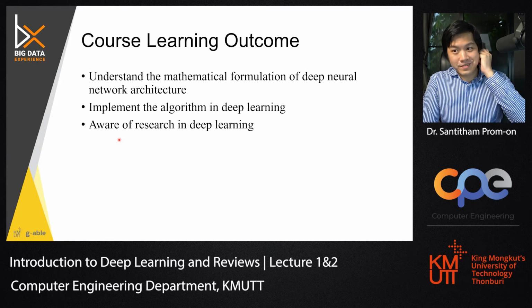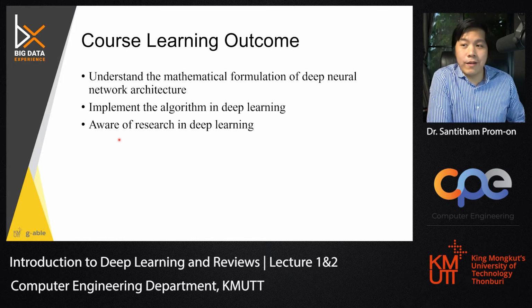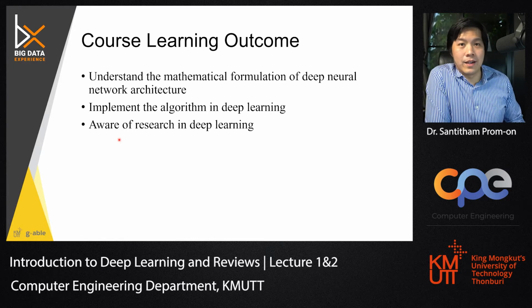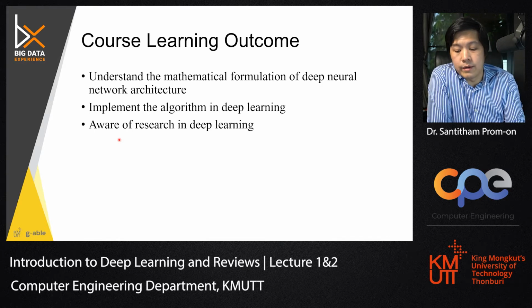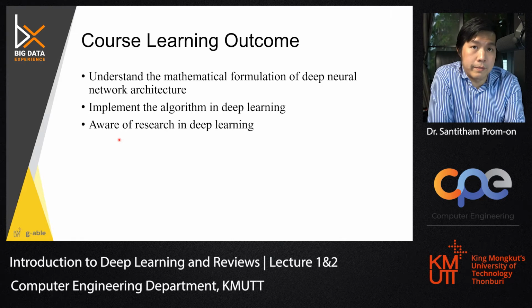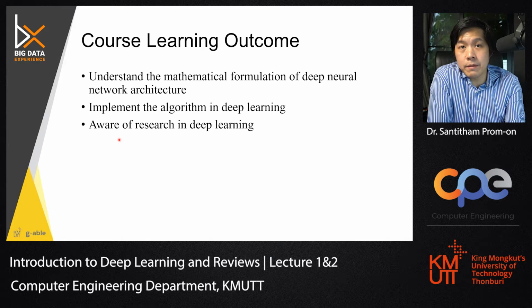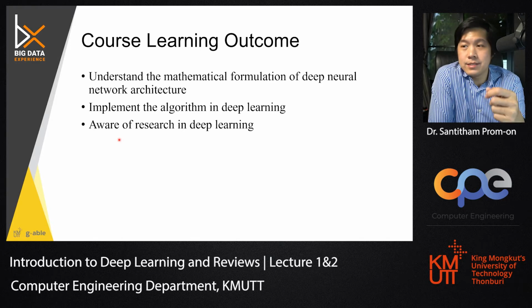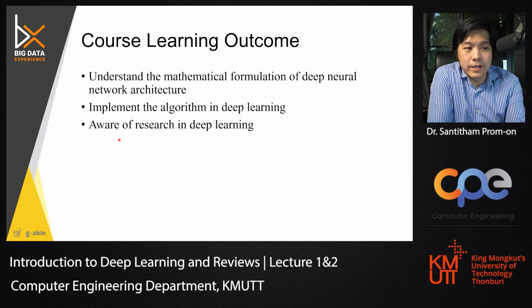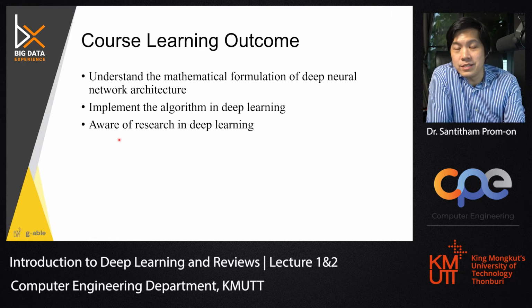And lastly, you have to do research in deep learning as well, and then present papers to the class as the term project. I usually don't call it a term project, it's actually a term paper. You have to select one interesting paper that you would like to study, and then present it to the class. Your score will depend on the intelligibility of your presentation and how well you teach your peers about those techniques.